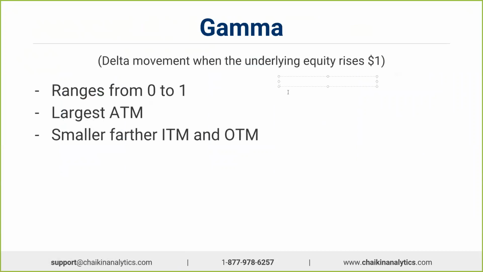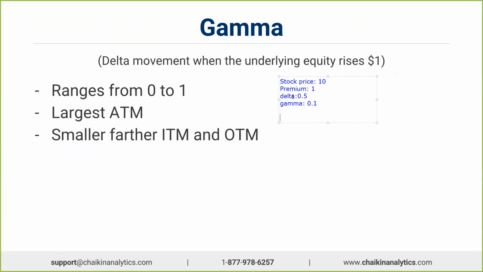All right, so the stock price is 10. Our premium is $1. Our current delta is, we're going to use 0.5. And let's say our gamma is just 0.1.